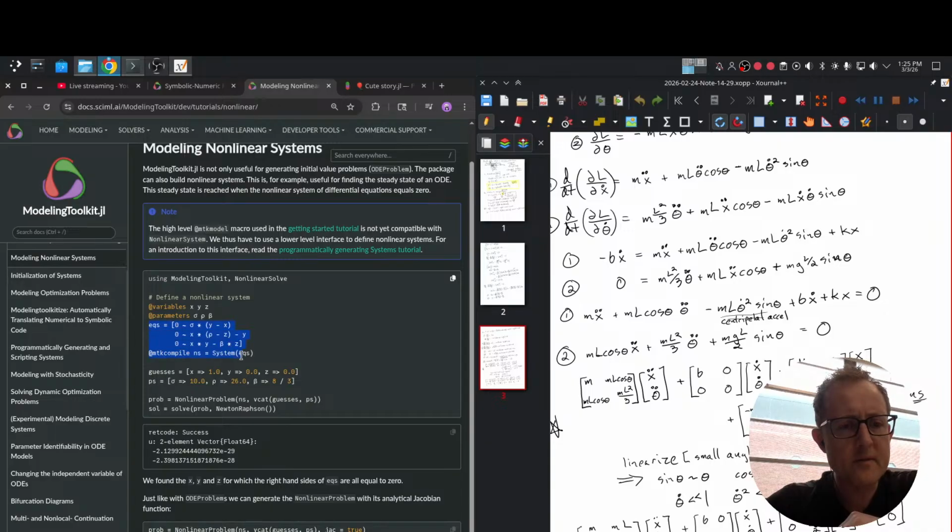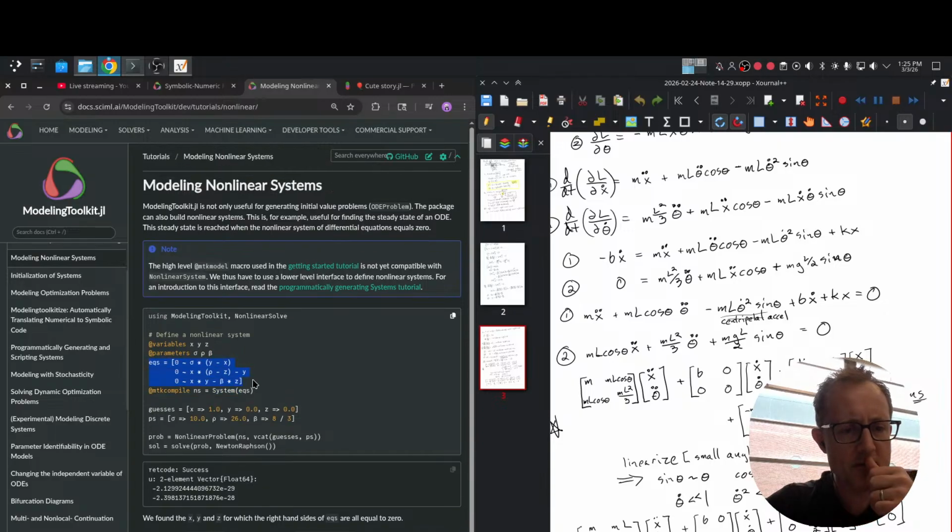So I think for the most part, what I'm trying to do is create these equations. It's the same down here.